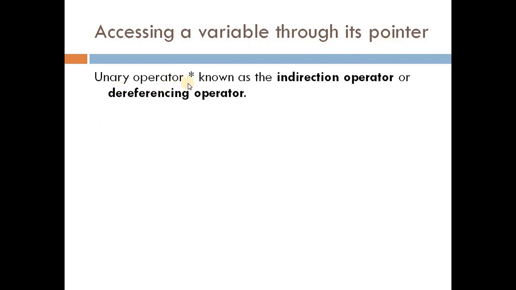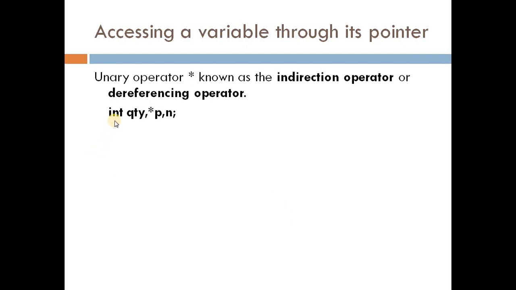The unary operator asterisk is known as the indirection operator or dereferencing operator. We are going to use this operator for accessing the value stored in a variable with the help of a pointer. We shall see an example.